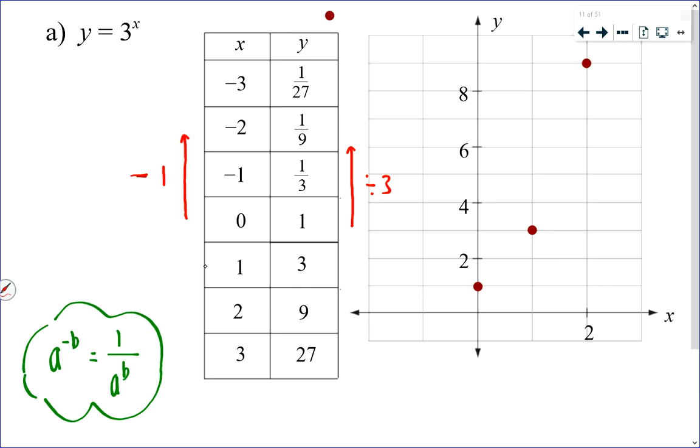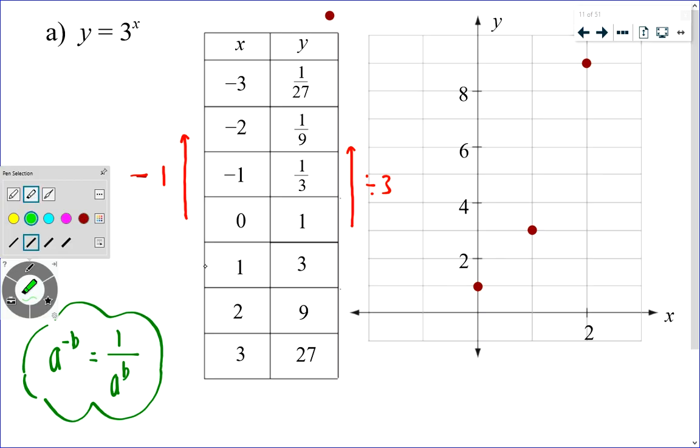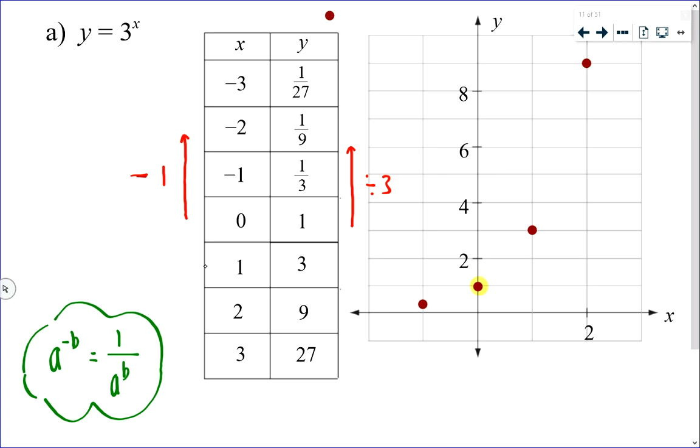So the y coordinate there is 1, and I divide it by 3 by moving to the left, it becomes 1/3. And the question I want you to consider is, will I ever reach 0 if I keep going back to the left? And the answer is, I can't reach 0.